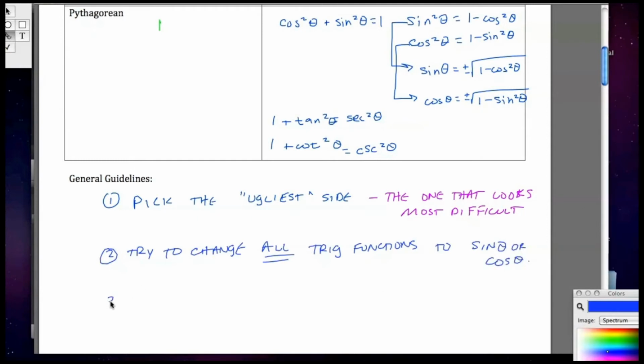Okay? And general guideline number 3 is only work with one side. Okay? So 3 basic principles. We've used them before, so we are going to make sure that we do these things once again.